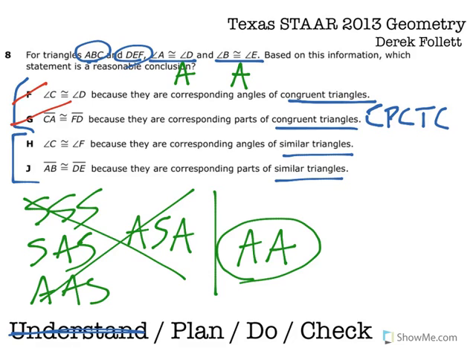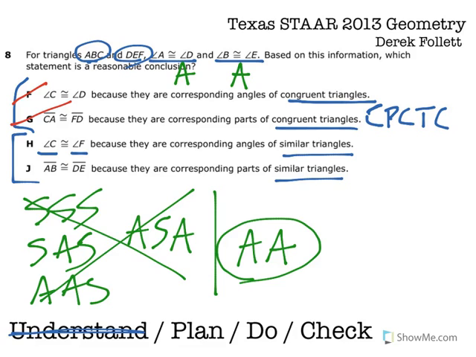H says angle C is congruent to angle F because they are corresponding angles of similar triangles. Okay, so those are the 2 that were left.